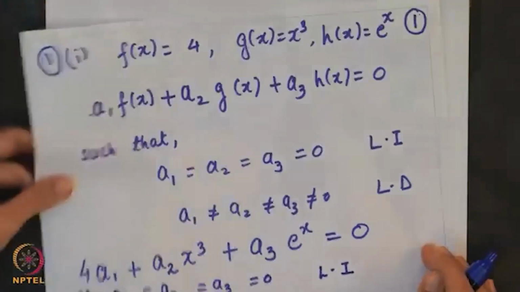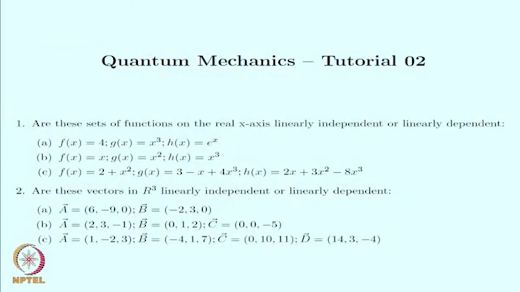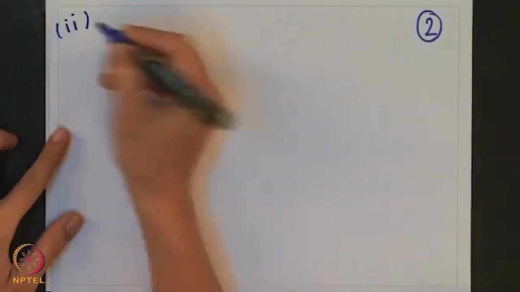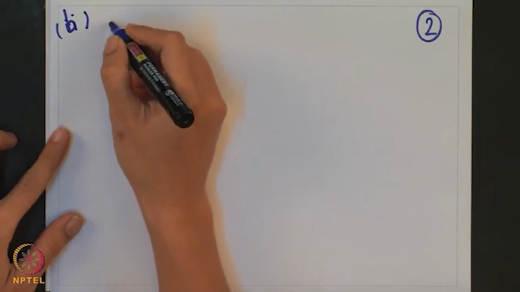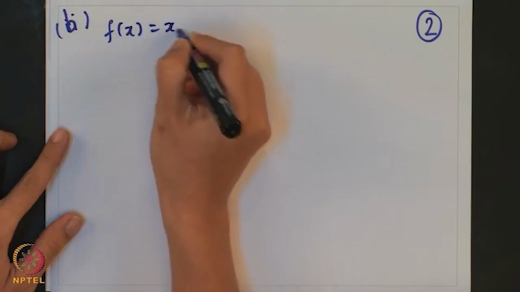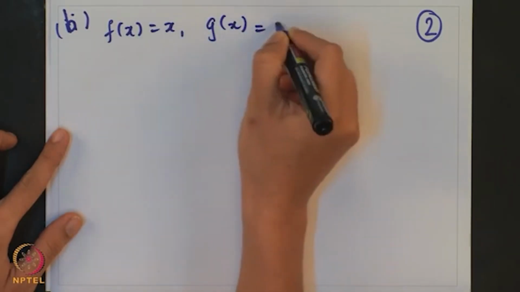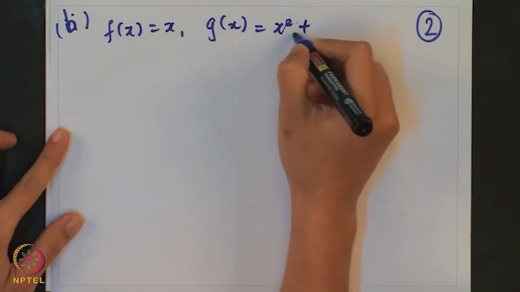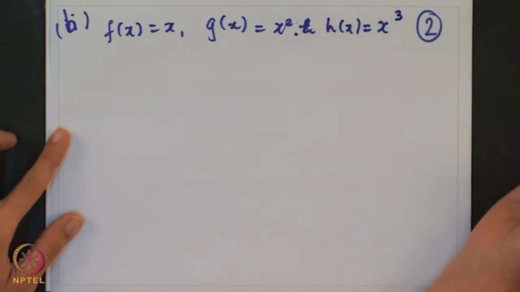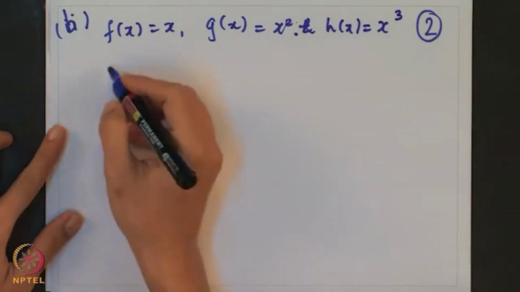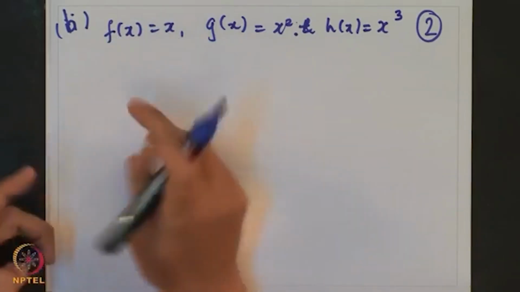Okay. In the second problem you will see that it is very simple. You can repeat the same exercise. In 1b we have f of x as x, g of x as x square and h of x as x cube. We have to evaluate whether this set is linearly dependent or independent.